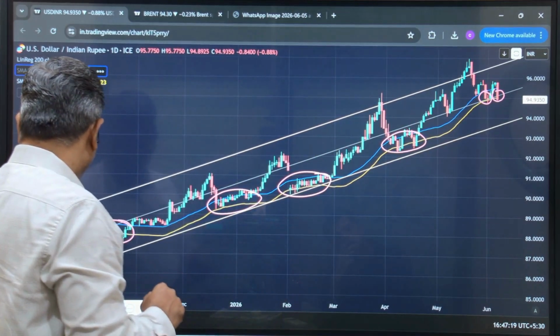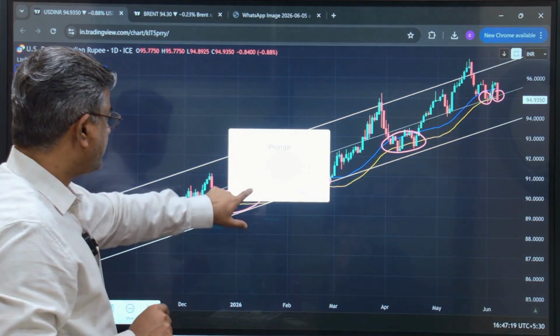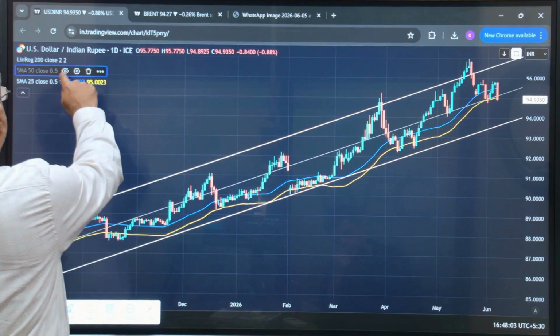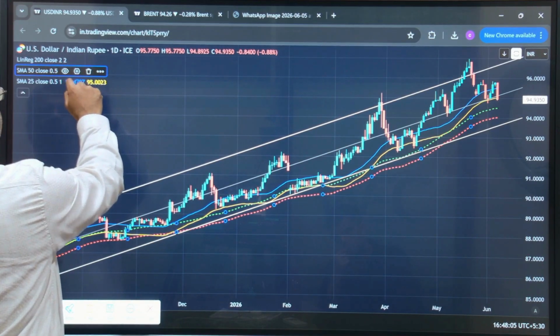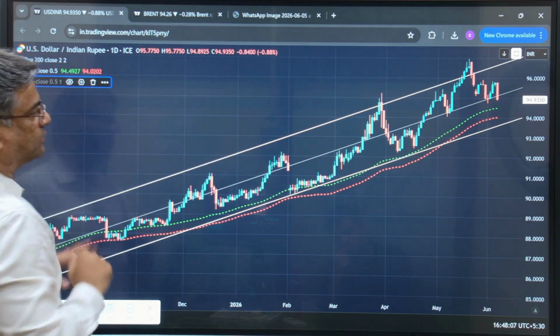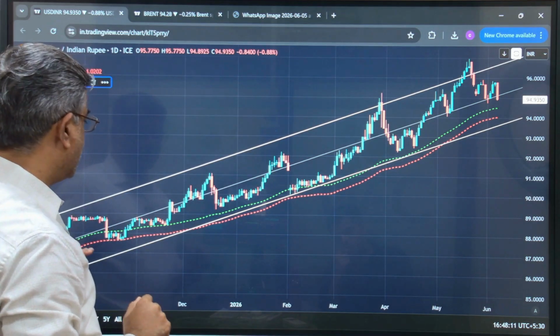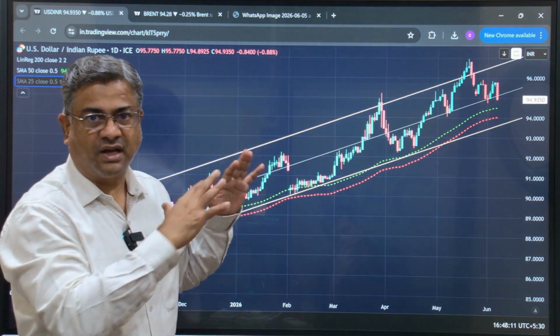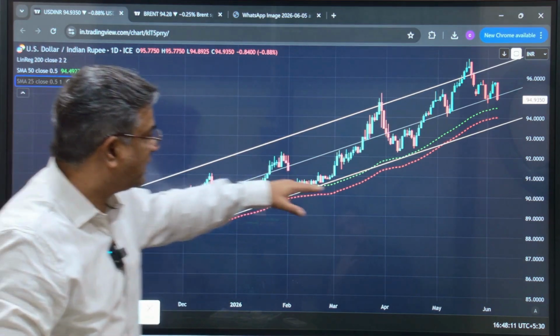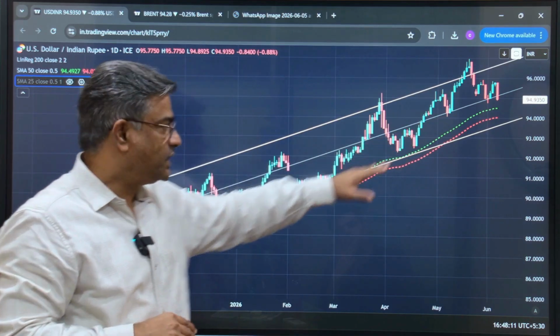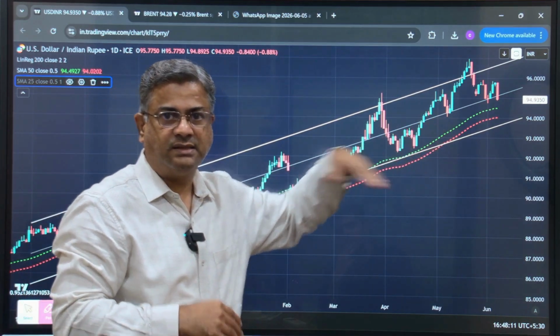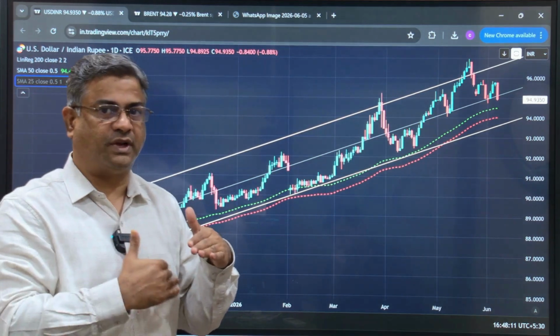Okay, I want to show you another one. That is the 50-day moving average. Let me hide that. Now if you look at the 50-day moving average, we have seen relatively far fewer attempts. The green line is the 50-day moving average, and the red dotted line is the percentage filter below the 50-day moving average.